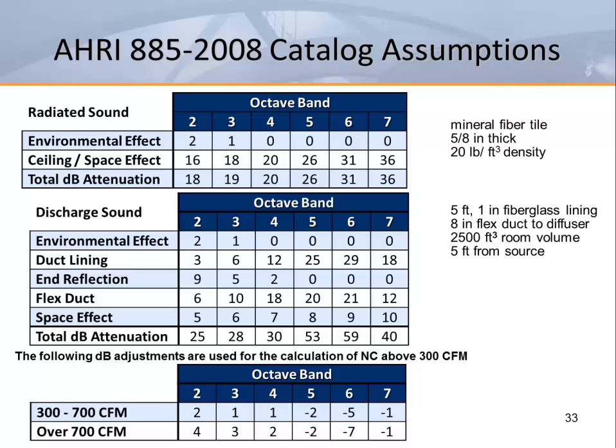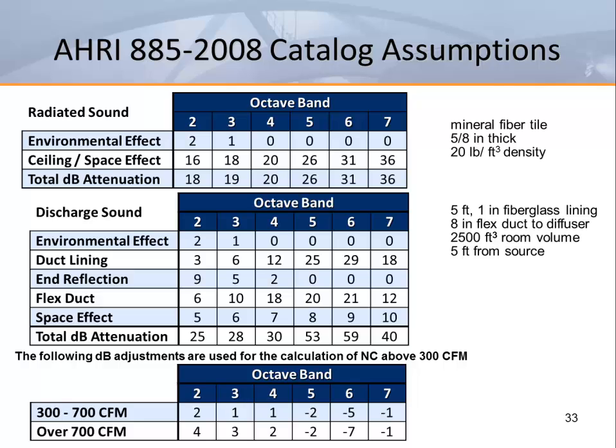You can see that the radiated sound path is very simple. It takes a deduction for the environmental effect and a combined ceiling space effect based on the type of ceiling used. Your actual ceiling may be better or worse, or you may have no ceiling at all.